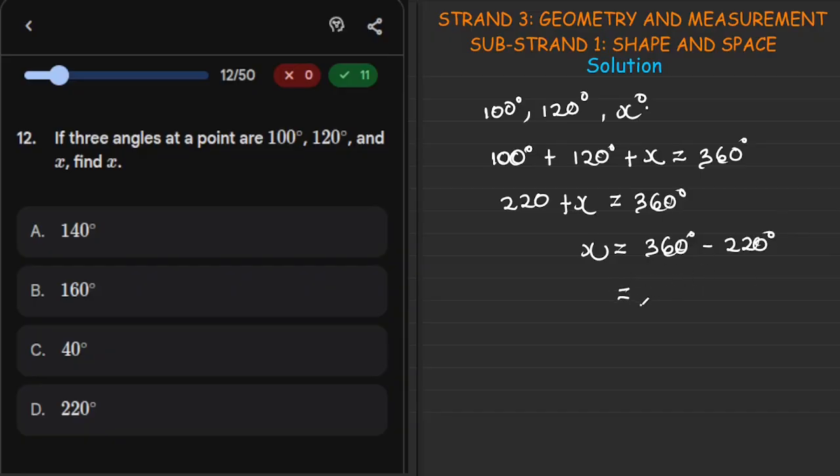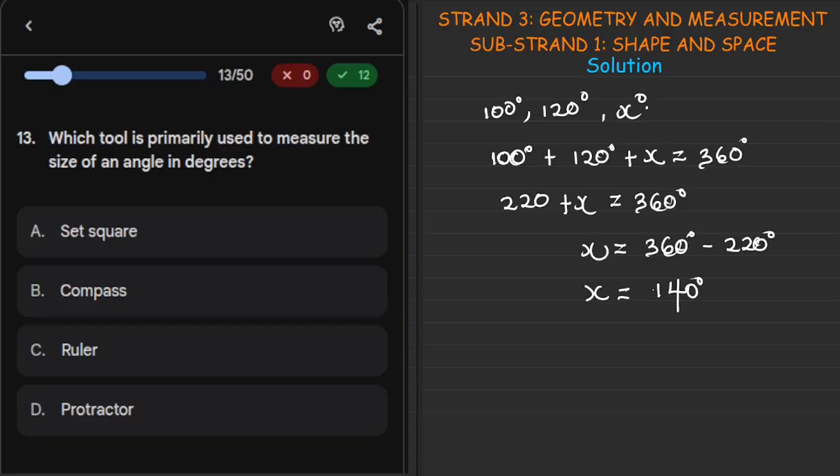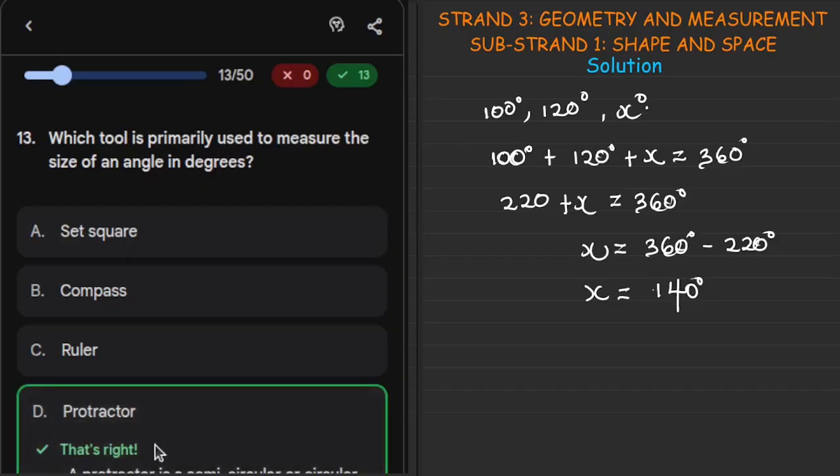This, when subtracted, gives us 140 degrees, and that is the value of our X. As simple as that. Question 13 says, which tool is primarily used to measure the size of an angle in degrees? That is a protractor. We use a protractor to measure the size of angles.